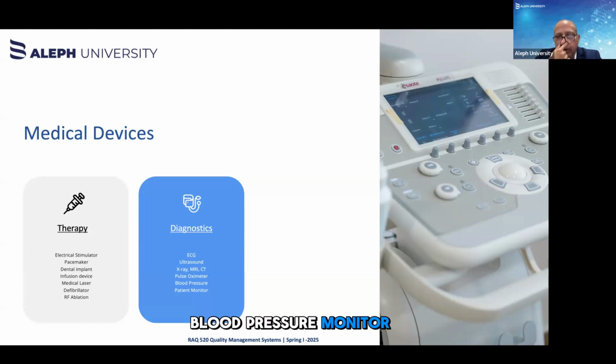Blood pressure monitor is a device to monitor arterial blood pressure, and a patient monitor is used to monitor different variables, like heart rate, pressure, and oxygen content, and so forth. So these are diagnostic devices, and these are therapy devices.